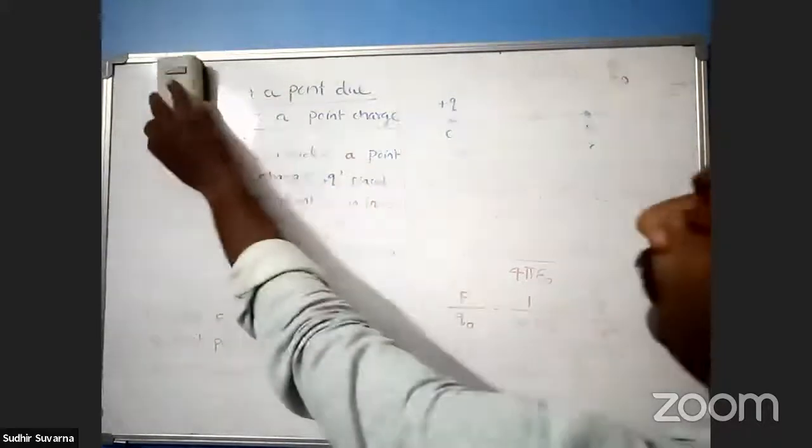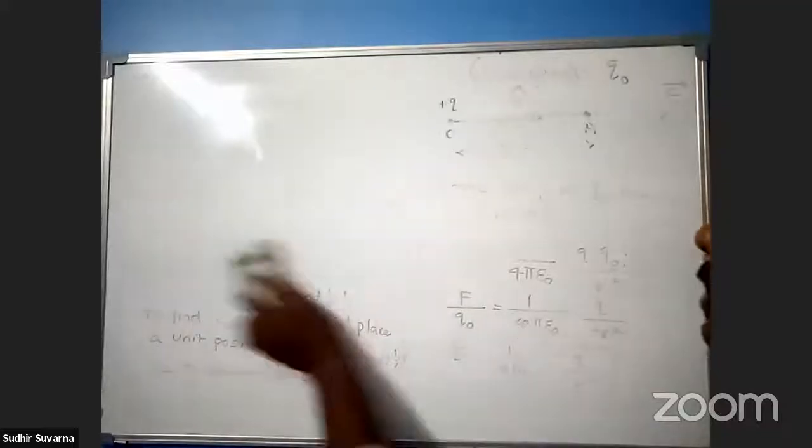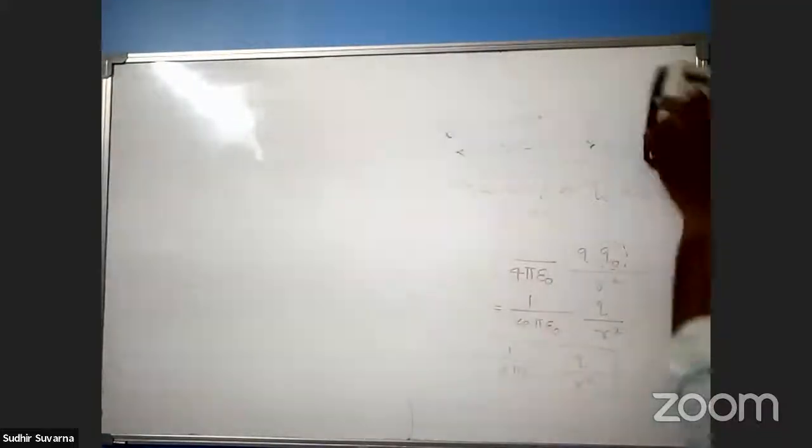So finally, we have got an expression that is E is equal to 1 upon 4 pi epsilon 0 Q upon R square. So if I deal with that equation, then obviously I can make out many notes from here.